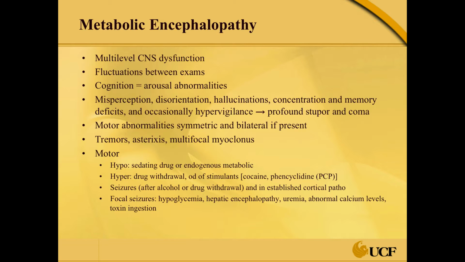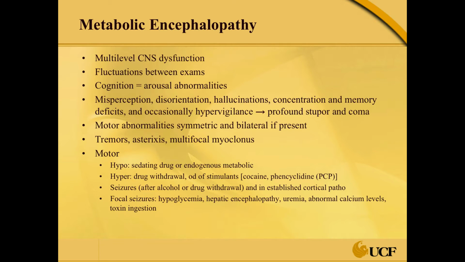Multi-level CNS dysfunction does occur with metabolic encephalopathy. You can even get fluctuation between exams, so the patient might have a GCS score of 12 at one assessment and be a 14 the next, and then the next one they're all the way down to a 10, whatever. There's a lot of fluctuation that can occur with metabolic issues.